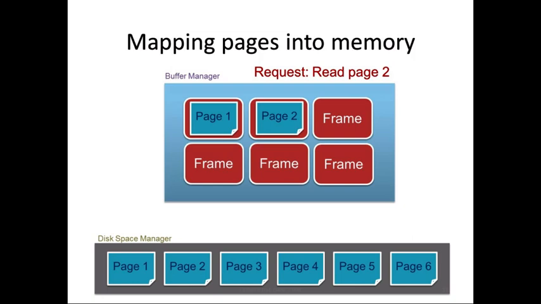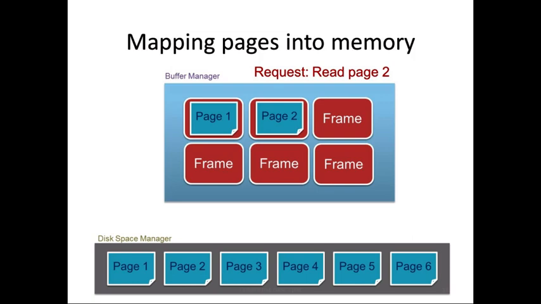So for instance, here, page 2 has 2 copies, the primary one, which is on disk, and a secondary copy in main memory, the one currently under use. And the same, of course, holds for page 1. So primary copy and secondary copy.